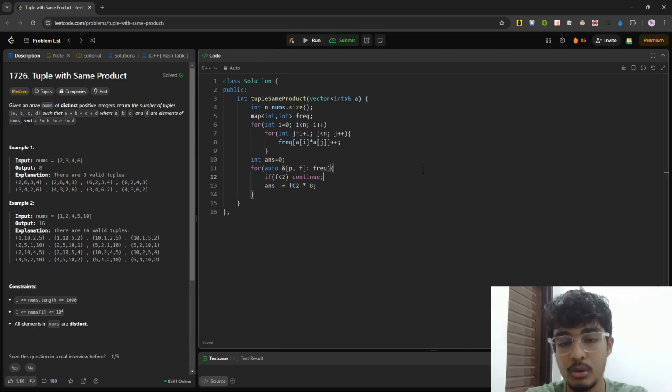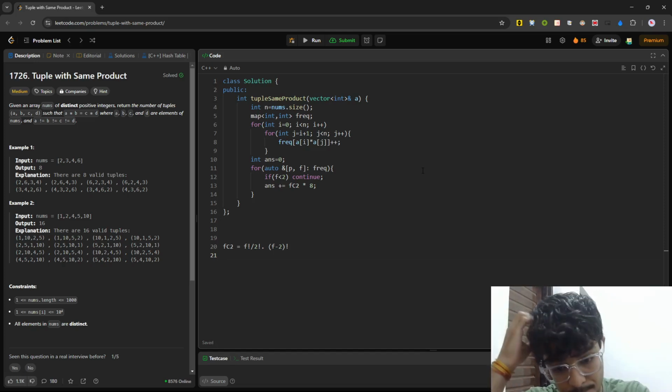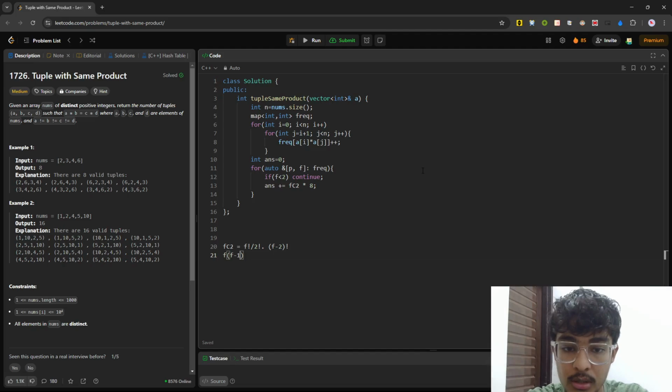So let's derive one formula. fC2 is basically f factorial upon 2 factorial and f minus 2 factorial, which can also be said as f into f minus 1 into f minus 2 factorial upon 2 factorial into f minus 2 factorial.